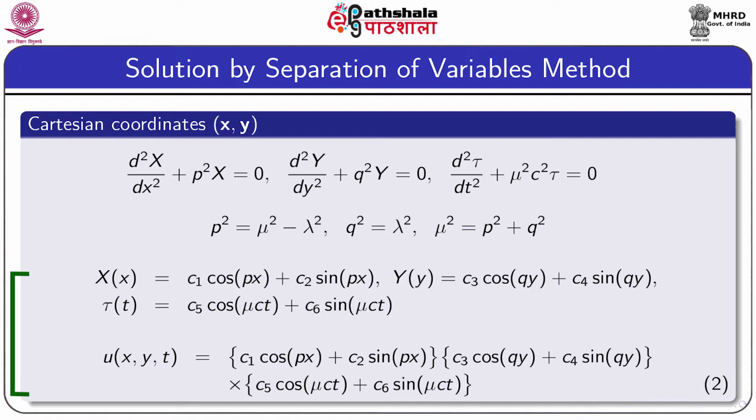Therefore, the solution of the two-dimensional wave equation in Cartesian coordinate system becomes u equals the product of capital X, capital Y and tau, which is written in equation number 2.